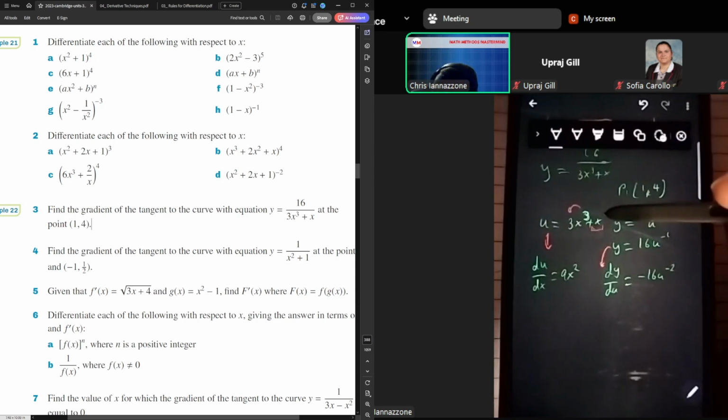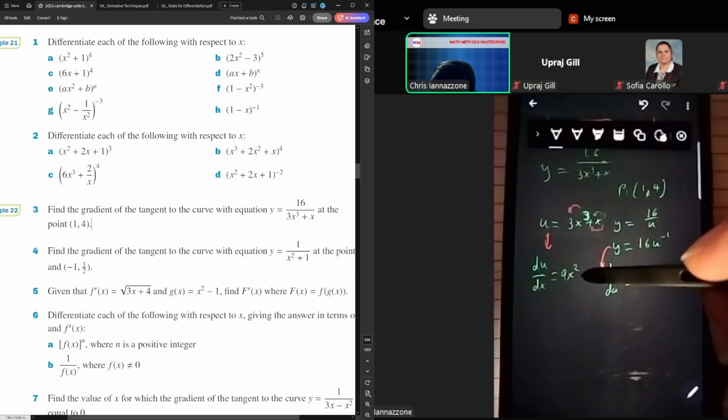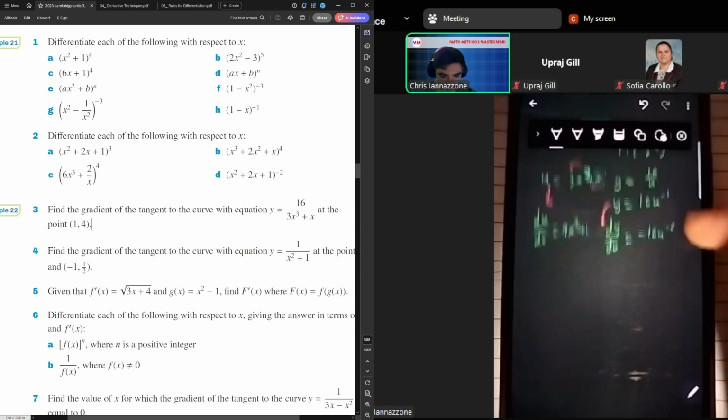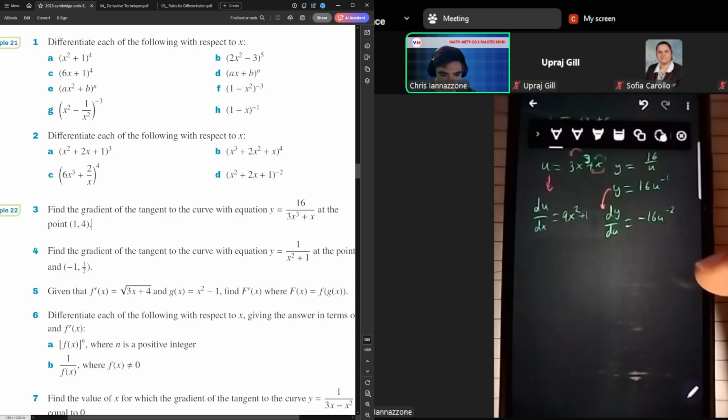This is the same as x to the power of 1. So 1 comes out the front and the power becomes 0. So you've got this 1, and then x to the power of 0 is also 1. 1 times 1 is 1. So the final derivative there is going to be 9x squared plus 1. Then from here, how might we finish this one out?